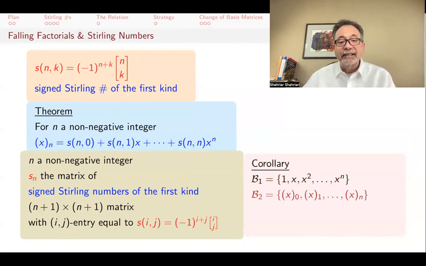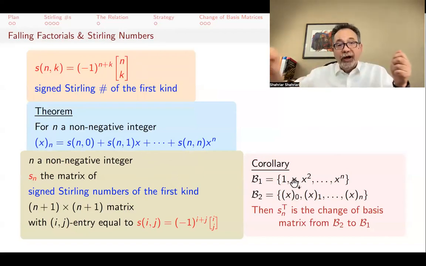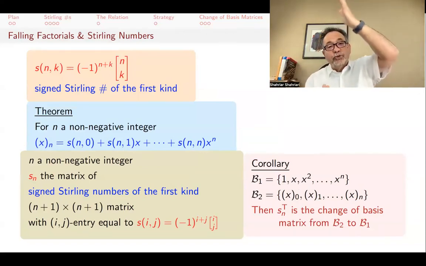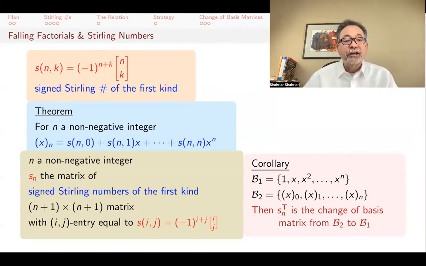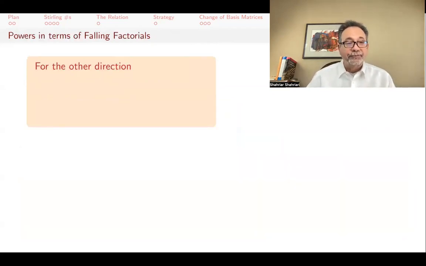So if I take the standard basis for polynomials and the falling factorial basis for the polynomials, then the transpose of the matrix of signed Stirling numbers of the first kind will be the change of basis matrix, because when you write the falling factorials in terms of those, you get a row of this matrix, and then you have to make that into a column, and therefore you get the transpose. So again, this is all based on this one theorem that I'm not giving you the proof of in this video, but I gave it in the previous video.